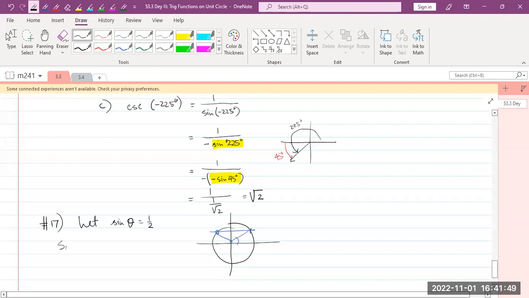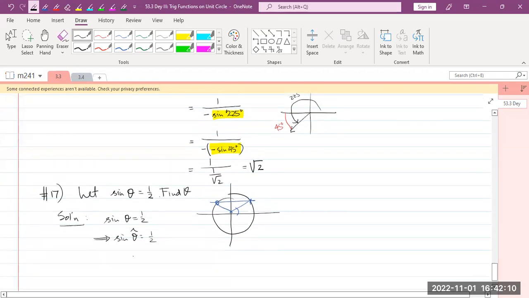Solution. So find theta. Take a look at the reference angle first. Sine theta equals 1/2. So sine theta hat must be 1/2. And therefore, what is the angle? What is the acute angle such that sine of that acute angle is 1/2? We know that's 30 degrees, right?